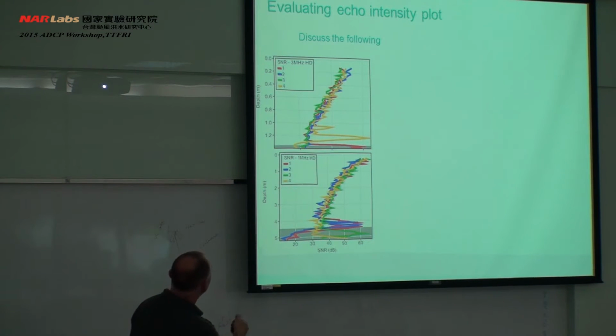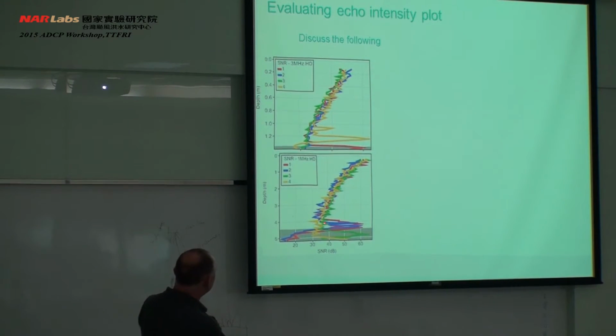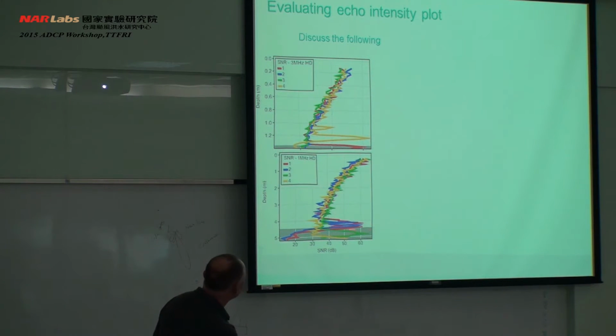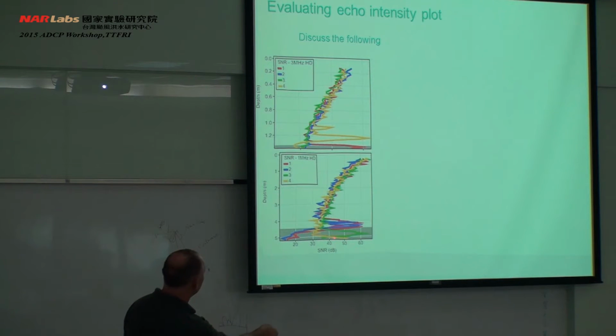Just a very slightly different one here. Rather than the 3 megahertz, we've got the 1 megahertz. We're going a bit deeper, and we're seeing here beams 1 and 2 hitting the bed before beams 3 and 4.